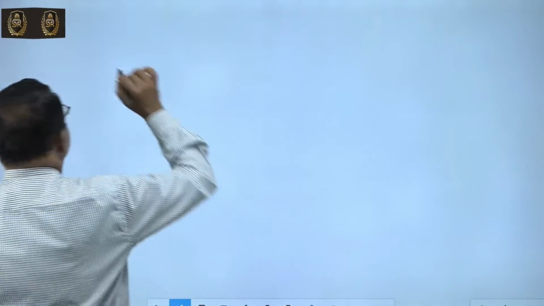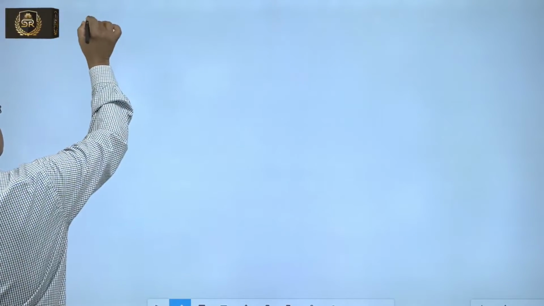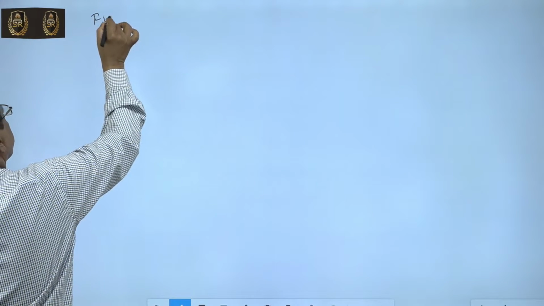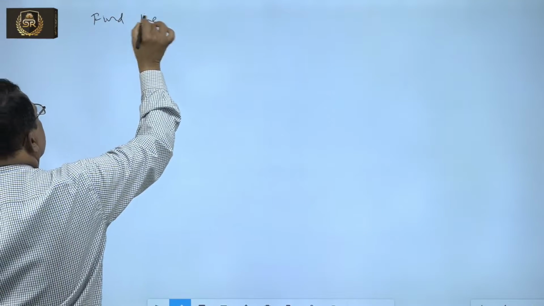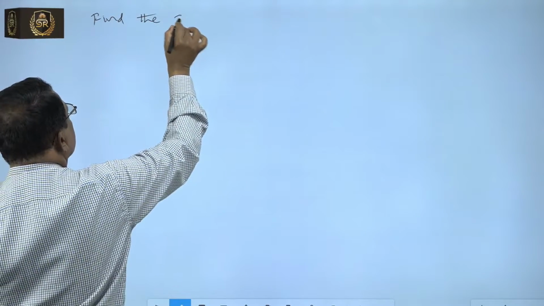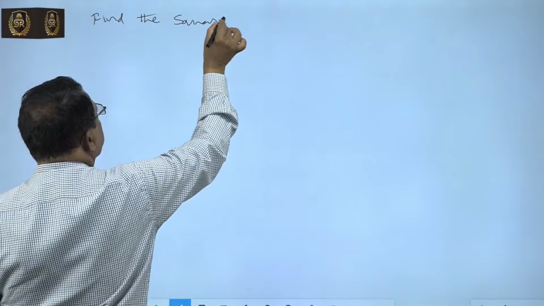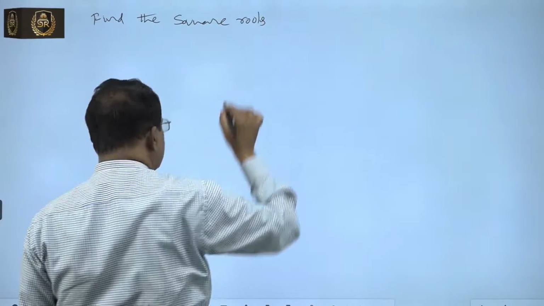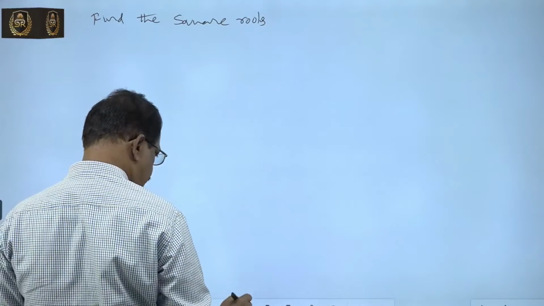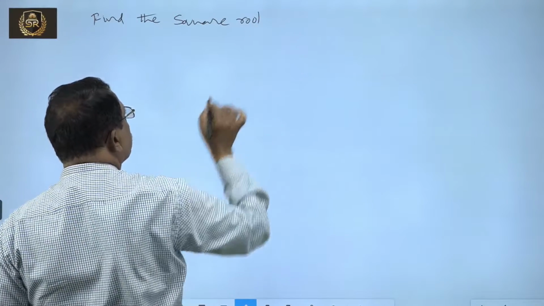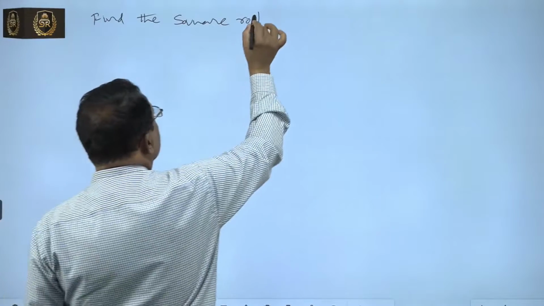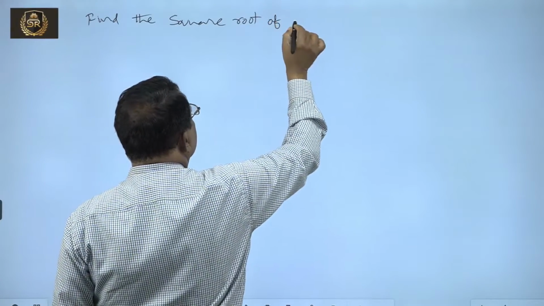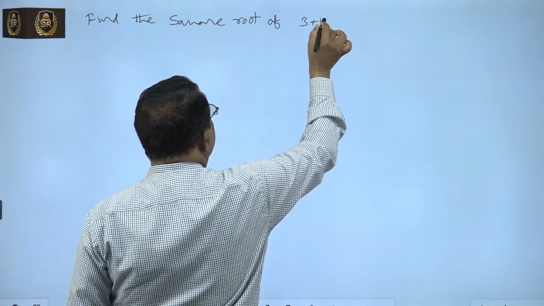Now some problems. Example: find the square root of 3 plus 4i.